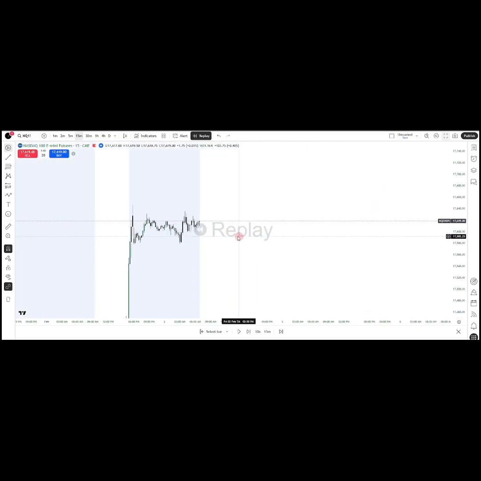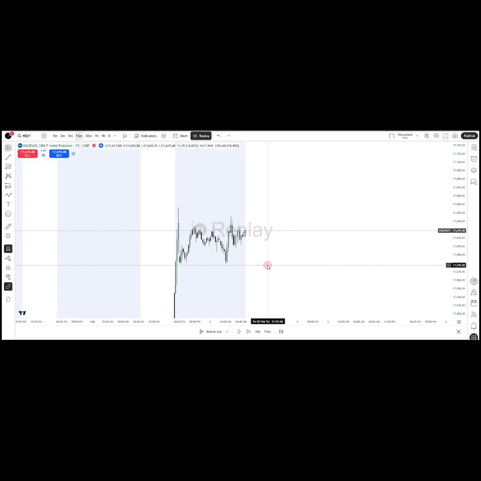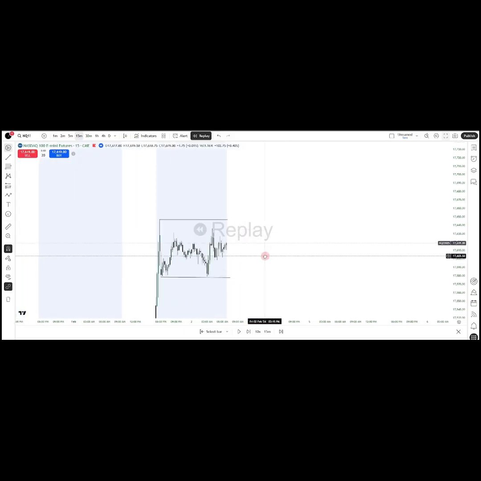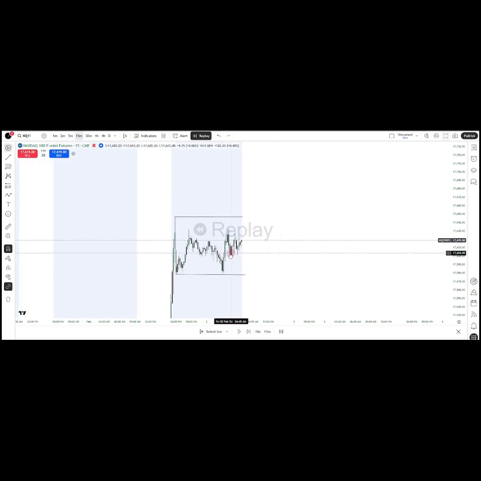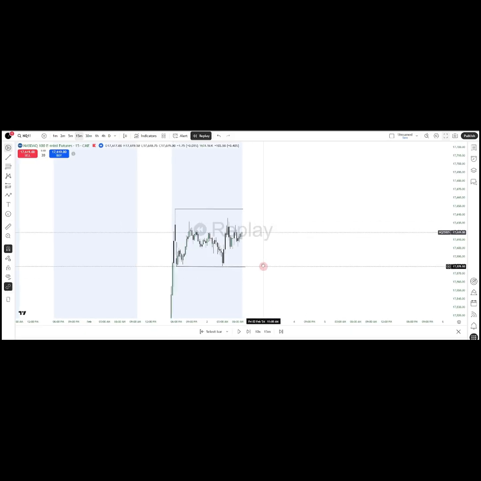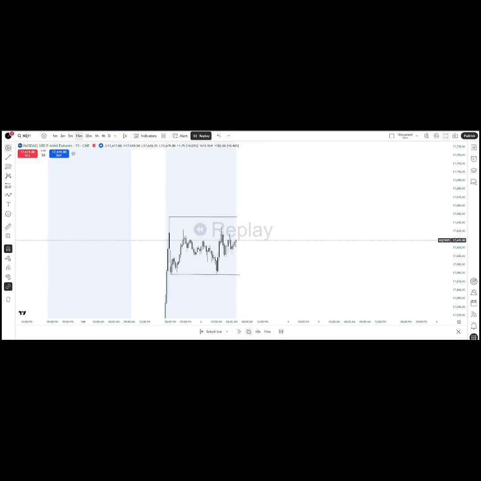Okay, here we are on the 15-minute time frame. So we have some accumulation right here. We have these equal highs. And we have these equal lows. So now that we see this, let's wait for price to sweep one of these sides of liquidity and see what happens.